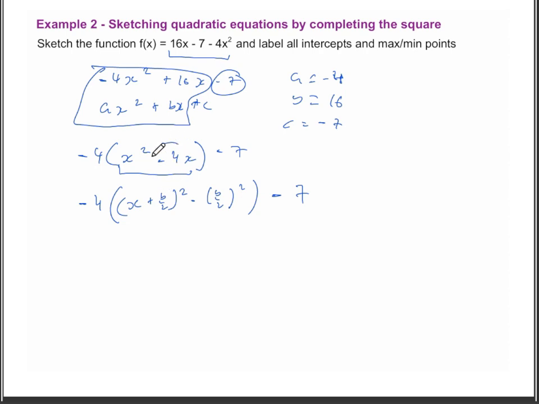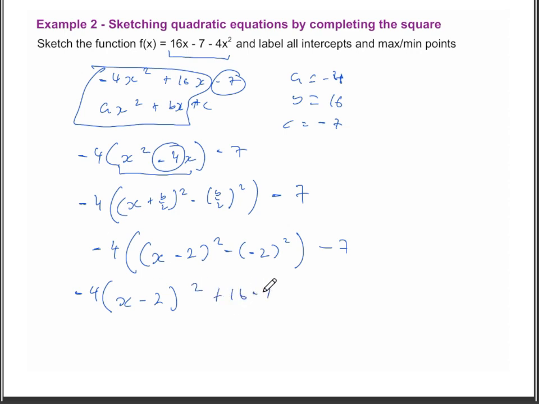What is b in this case? b is your coefficient of x. So this becomes -4 times ((x minus 2) squared minus 2 squared), which is -4 open bracket (x minus 2) squared minus 4. Multiplying -4 by the -4 inside the bracket, you get plus 16, then minus 7 at the end.